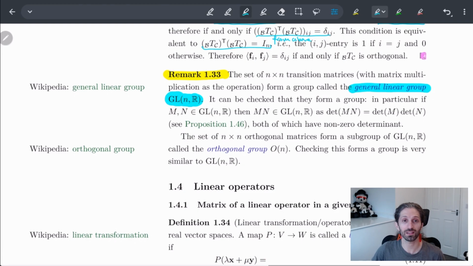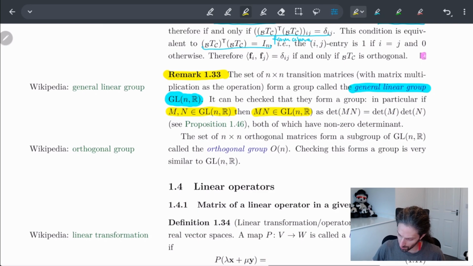Basically, you take all of the n by n transition matrices, every single one, and they form a group. If you're not used to groups, what this is saying is that if I take two matrices M and N in GL_n(R), then MN is also in GL_n(R). In other words, if M and N are transition matrices, then M times N is also a transition matrix.